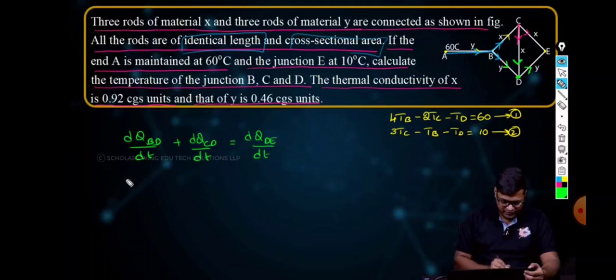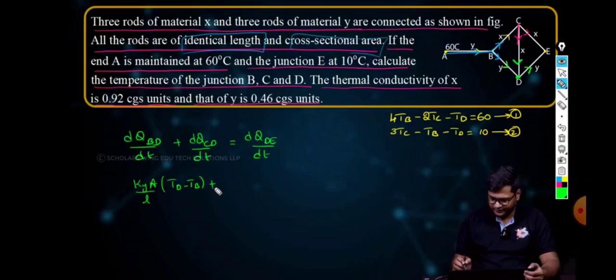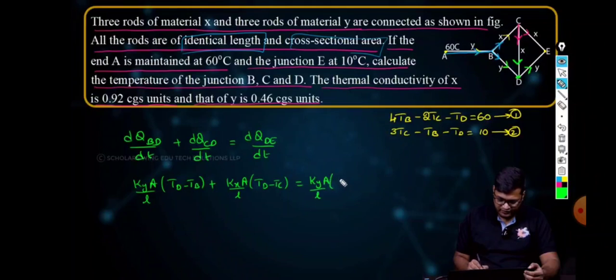Okay. So from that, BD is Y. So KY A by L times of temperature of D minus temperature of B plus CD X, KX A by L times of TD minus TC is equal to DE Y, KY A by L times of TE minus TD.